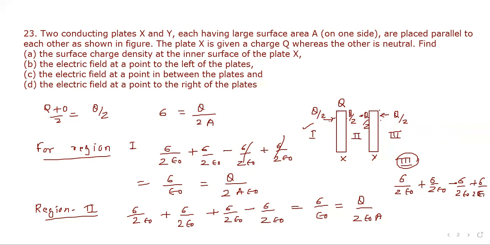So again, these two terms will cancel out and we will get sigma upon 2 epsilon naught, but sigma equal to q upon 2a. So field will be q upon 2a epsilon naught. So in all three cases, fields are equal except the direction.